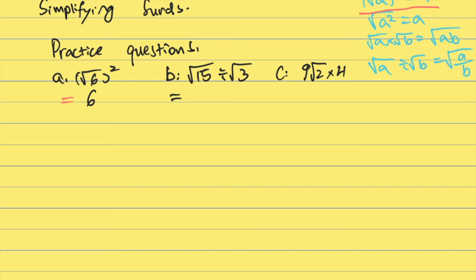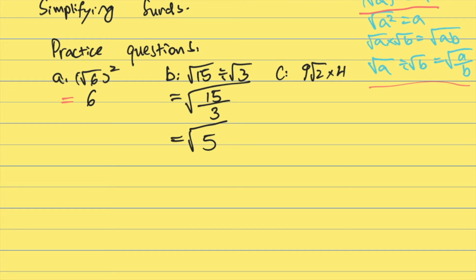As we know from the rule, square root a divided by square root b equals square root a over b. So we can write this as square root 15 over 3, and we can simplify 15 over 3 as 5.